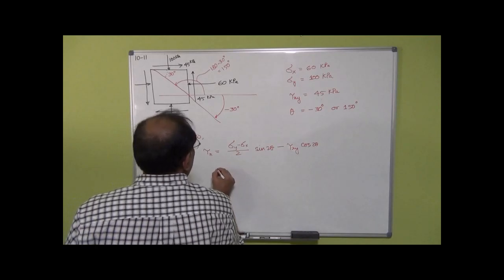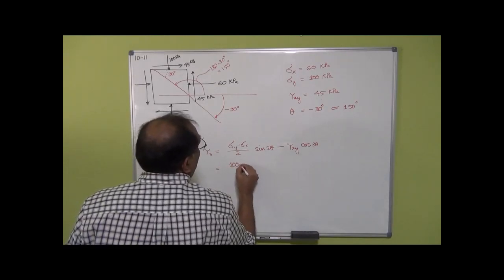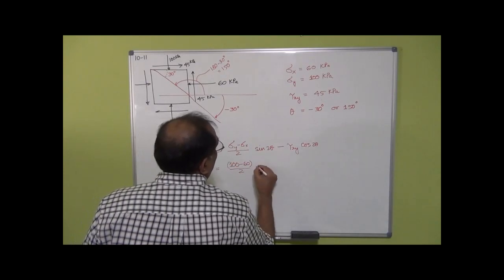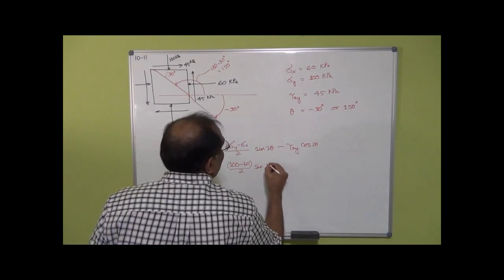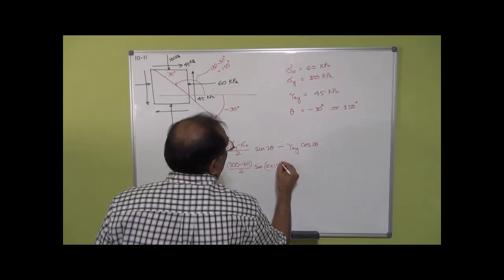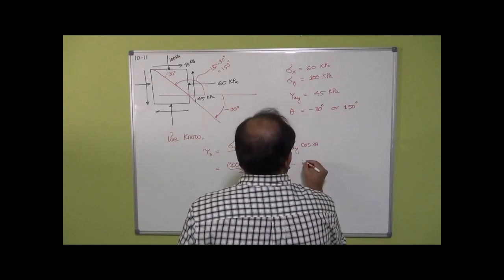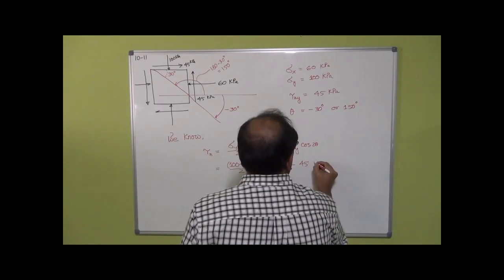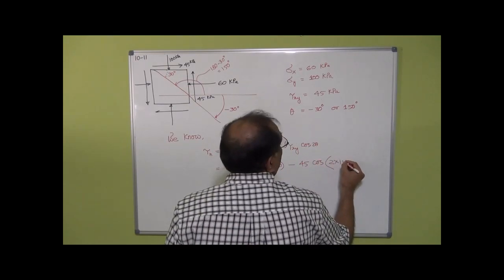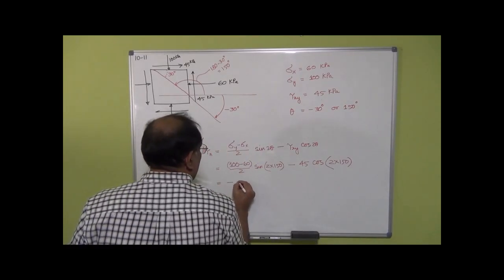Okay, so this is 100 minus 60 divided by 2, sine 2 into 150, minus tau xy, which is 45, cosine 2 into 150. That's basically minus 40 kPa.